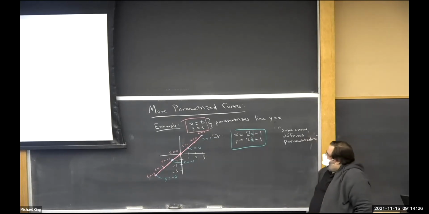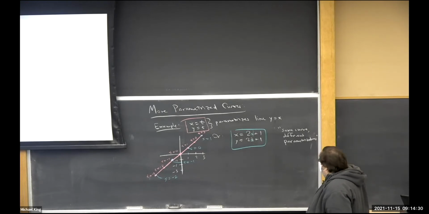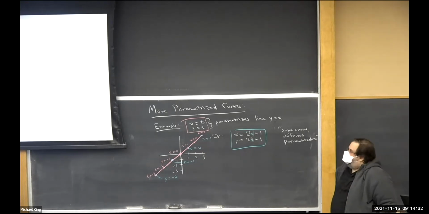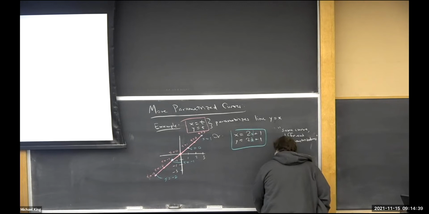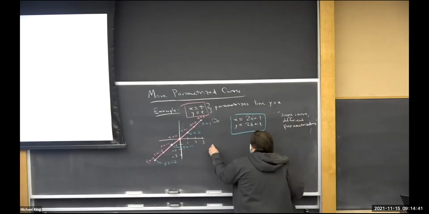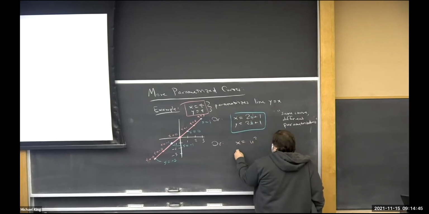Whereas if I do something like in number 8, where x and y both equal t squared, or maybe I'll use a different letter again, x equals u squared, y equals u squared.